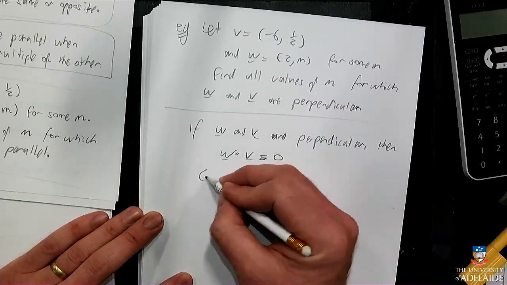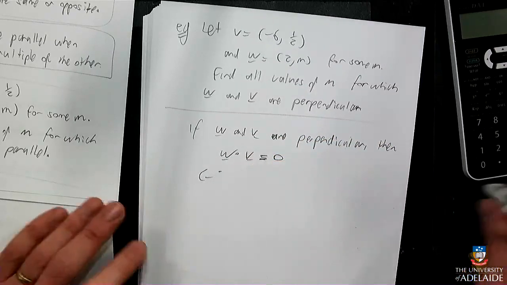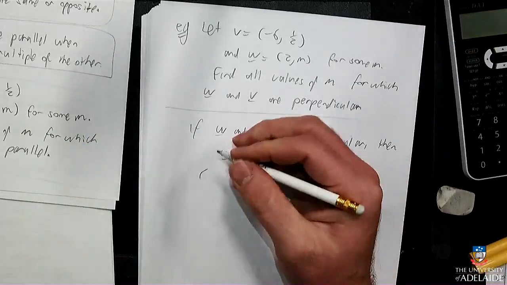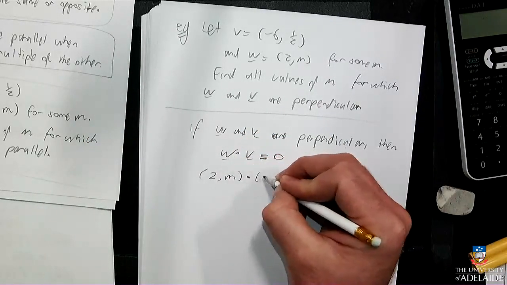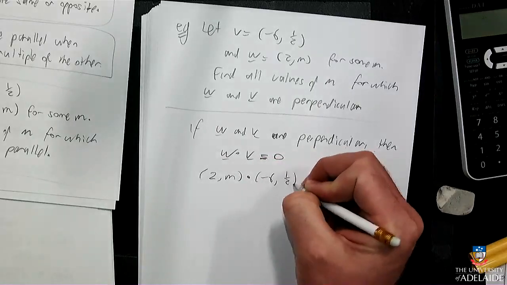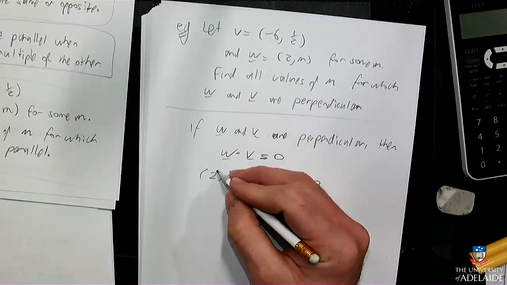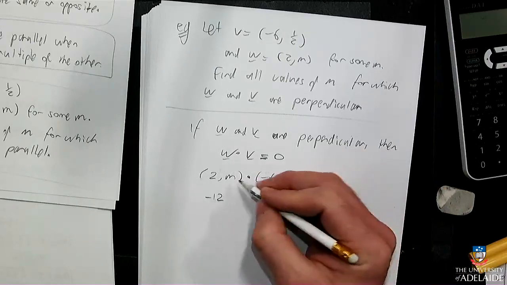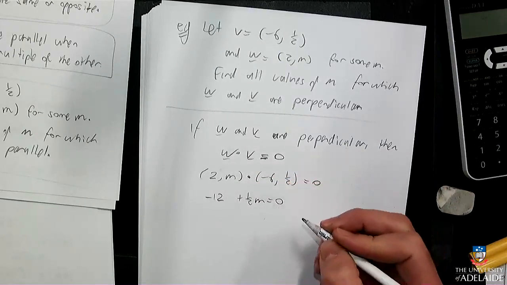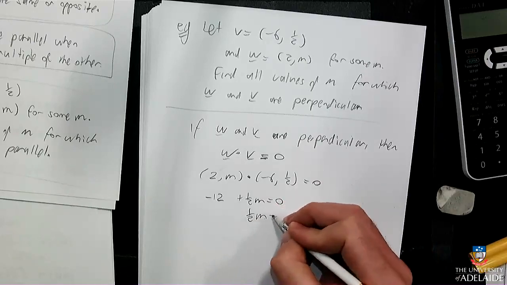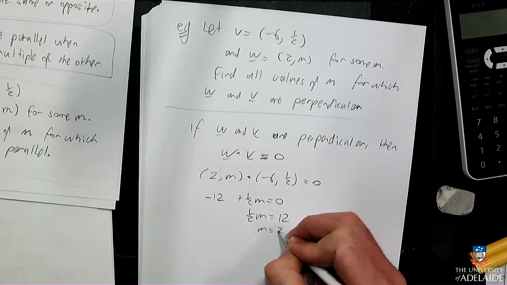Which means (2, m) dot (-6, 1/2) should be 0. I had it the wrong way around, but it doesn't matter, the dot product comes out the same either way. So 2 times minus 6 is minus 12. m times a half is a half of m. So a half of m should be 12. So m would have to be 24.